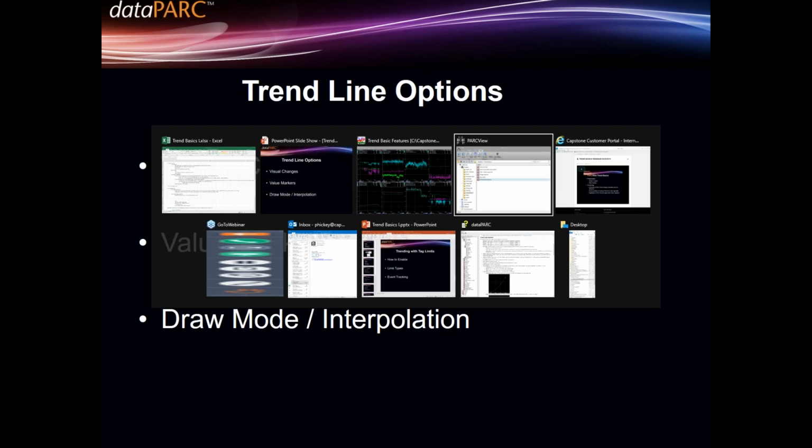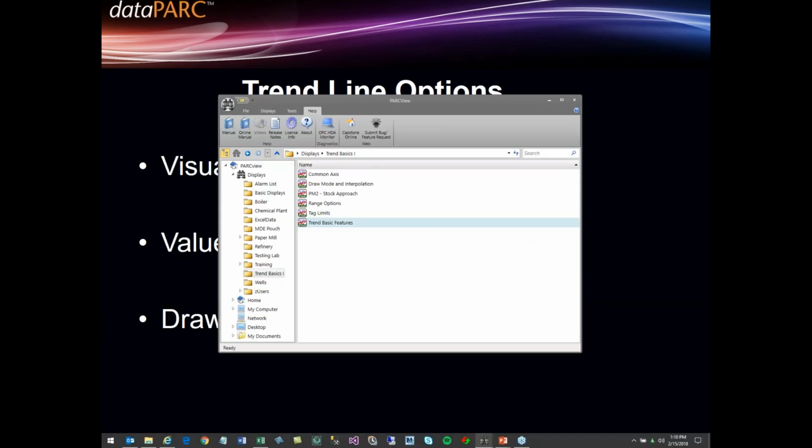So let's start with a fresh trend. So in ParkView Explorer, if you're not familiar with it, it's very similar to Windows Explorer, of course. Your folders on the left, files on the right. I had already opened this trend, and if I wanted to make a new one, there's lots of ways to go about it.